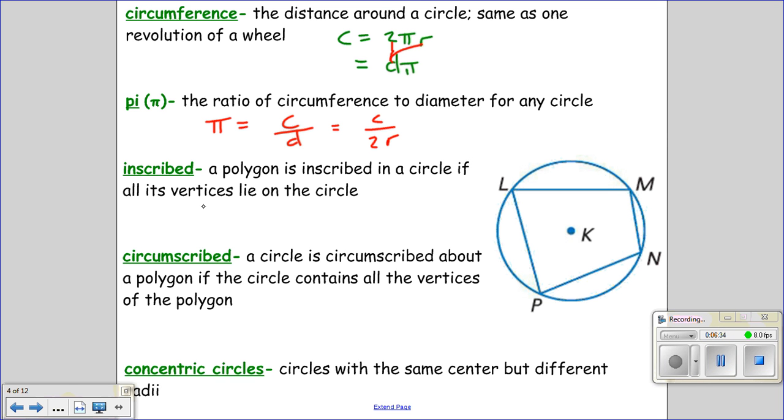Inscribed. A polygon is inscribed in a circle if all of its vertices lie on the circle. So to the right, we have a circle with a four-sided polygon inside.